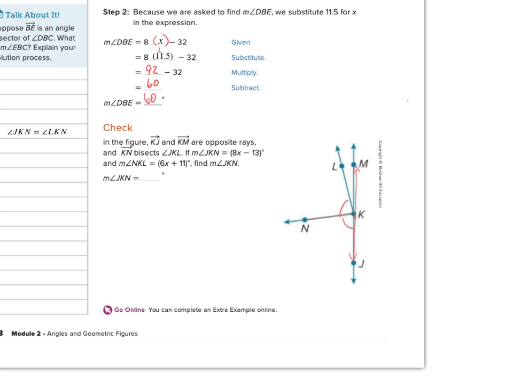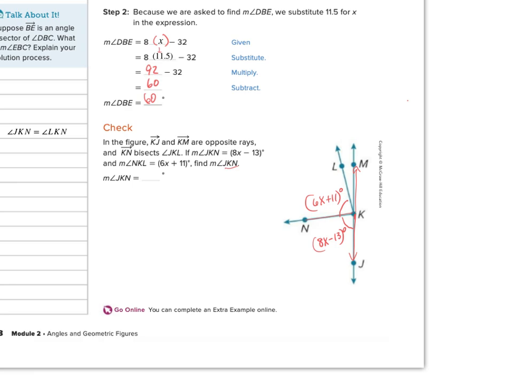So if JKN here is 8x minus 13 degrees, and NKL is 6x plus 11 degrees, we want to find JKN, and we can do that.